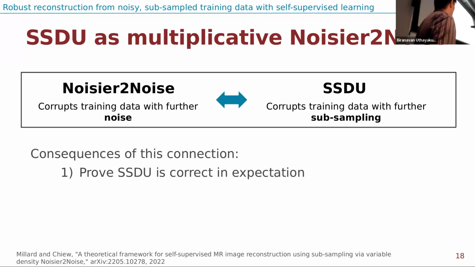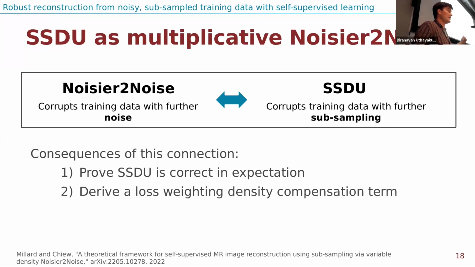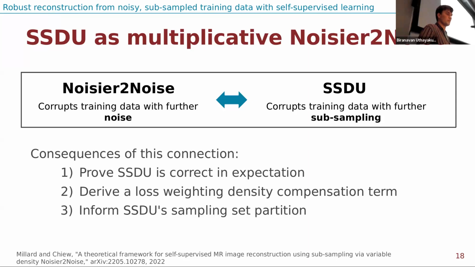As we'll see shortly, we can use a very similar setup to the proof of noisier to noise to prove that SSDU is correct in expectation. It also implies that SSDU benefits from a certain weighting in the loss that compensates for the sampling and partitioning densities, and it tells us what type of sampling set partitioning we should be doing.